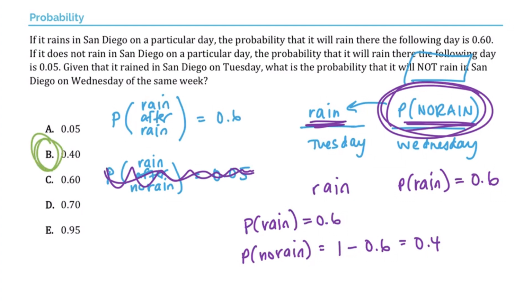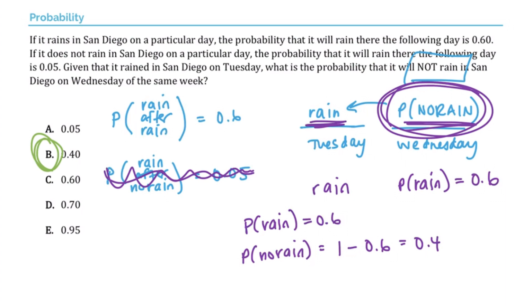And again, the key takeaway here is that if they give you some sort of probability, like the probability that Jennifer's going to win is 80%, is 0.8, well, that means the probability of the opposite condition, the probability of losing, would be 1 minus 0.8.